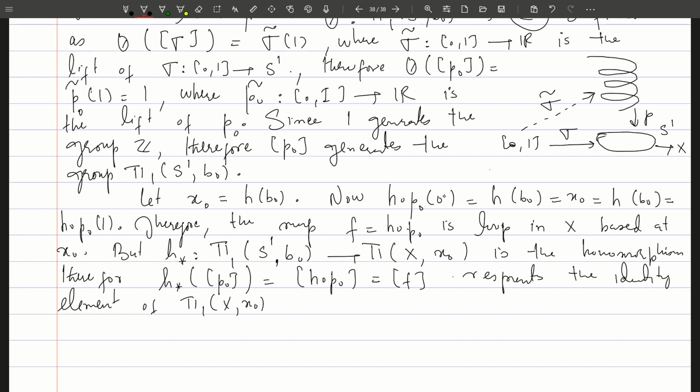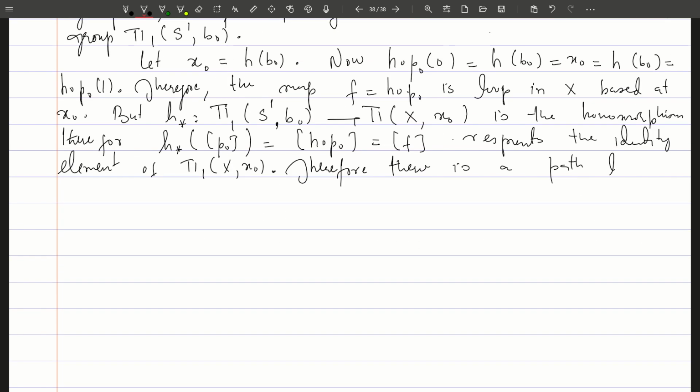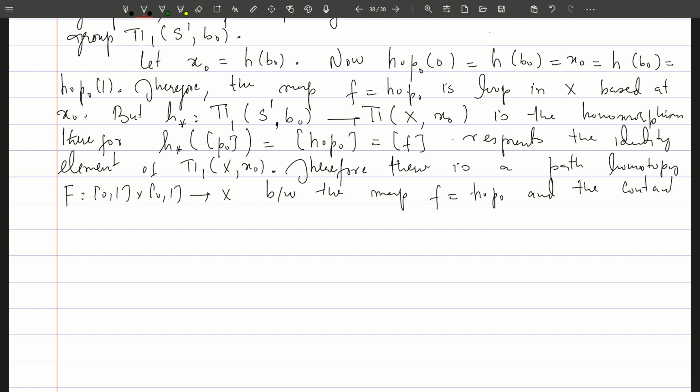Therefore there is a path homotopy, say F, from the interval 0 1 cross 0 1 to X, between the path f, which is the composition h composite p naught, and the constant path at x naught.